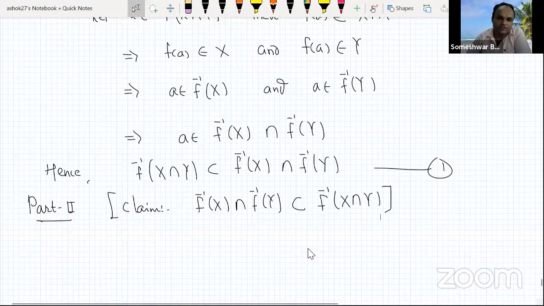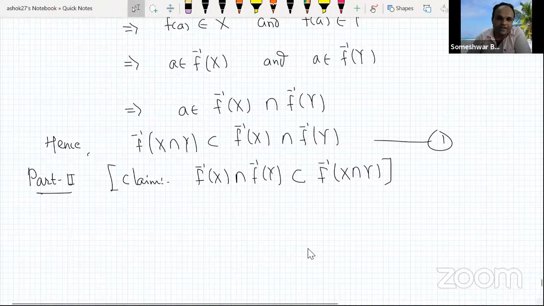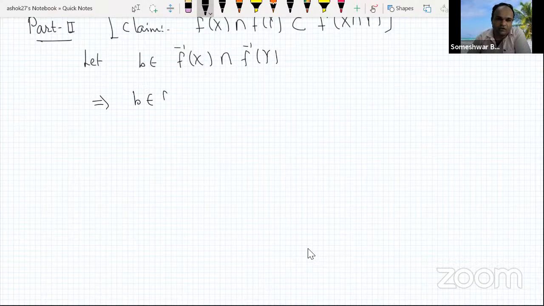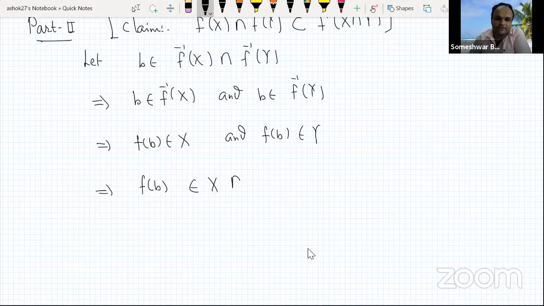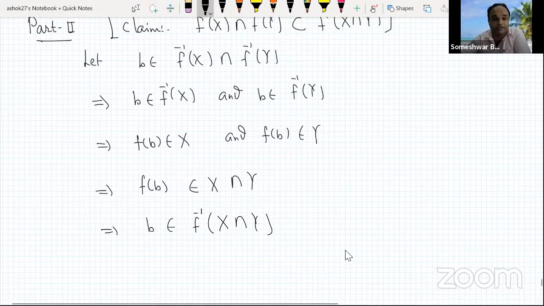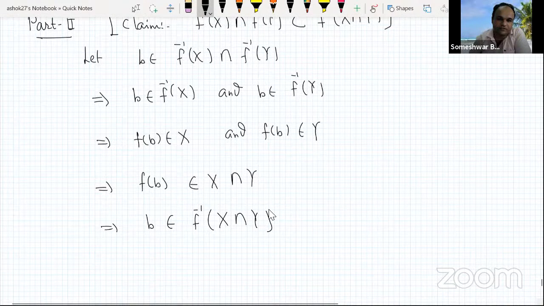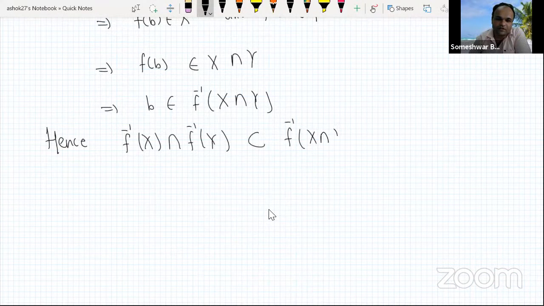So let's suppose small b is an element of f inverse of X intersection f inverse of Y. So it will imply b is an element of f inverse of X and b is an element of f inverse of Y. So it will imply f(b) is an element of X and f(b) is an element of Y. So it will imply f(b) is an element of X intersection Y. So it will imply b is an element of f inverse of X intersection Y. Hence f inverse of X intersection f inverse of Y will be a subset of f inverse of X intersection Y. So that is equation number 2.